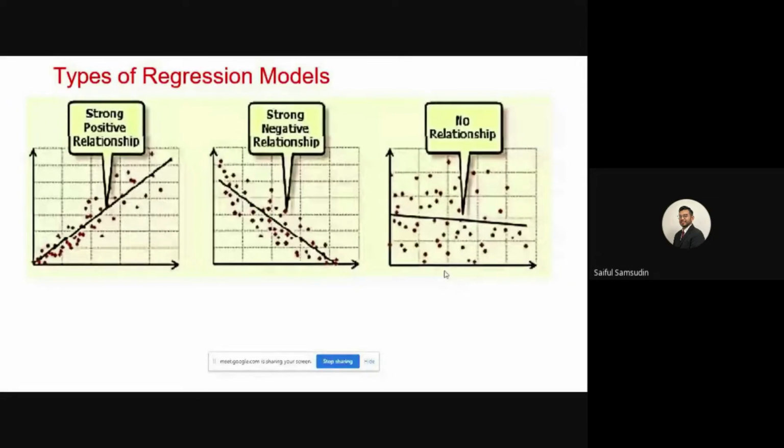So if they want to use this method to get the model, it will not be successful for their research, because there is no relationship, so there is no point to use the model.